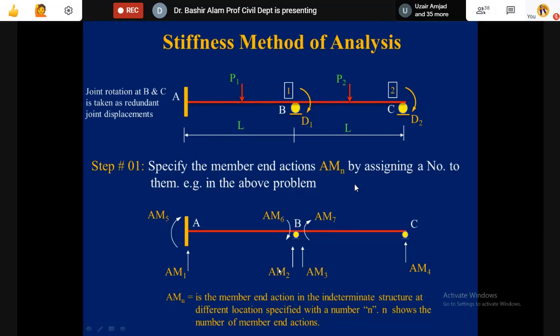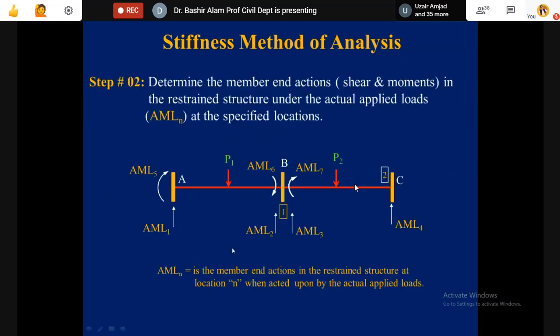Next, AML. From where will AML be coming? This AML is coming from the analysis of the restrained structure under the actual loads P1 and P2 you see. Here you will have the member end actions, and the corresponding values will become your AML1, AML2, AML3, and AML4.